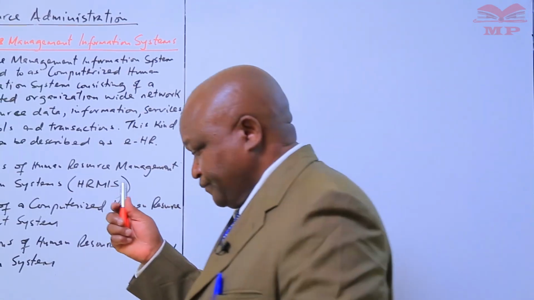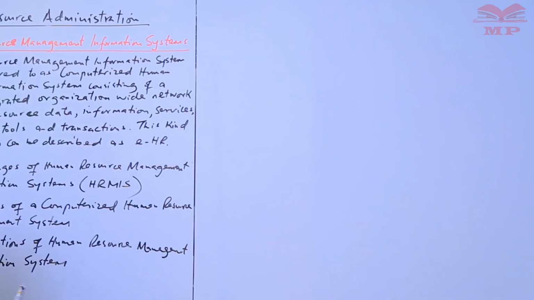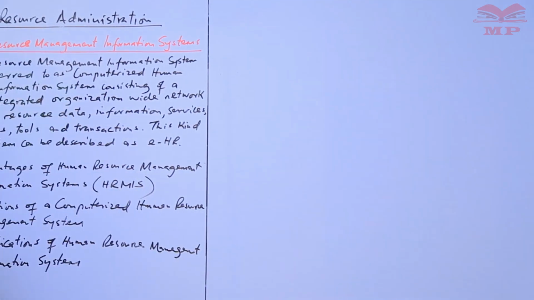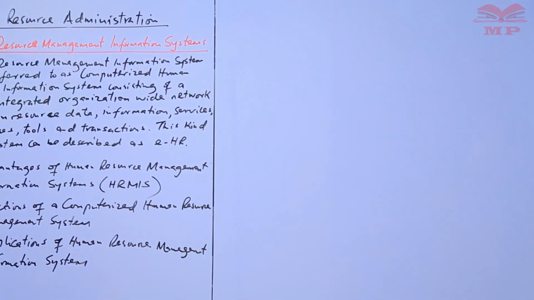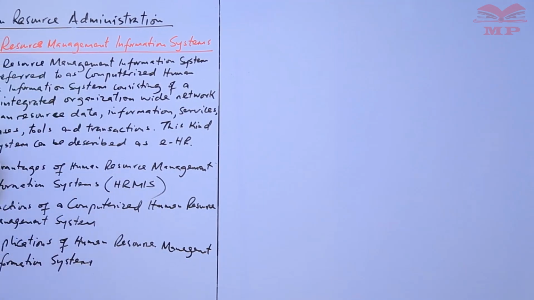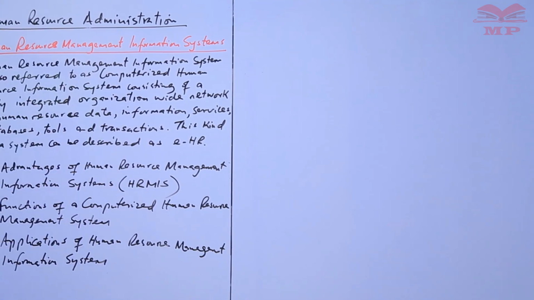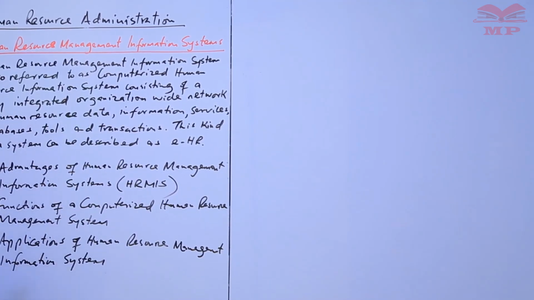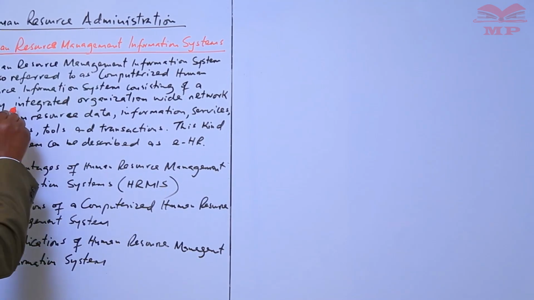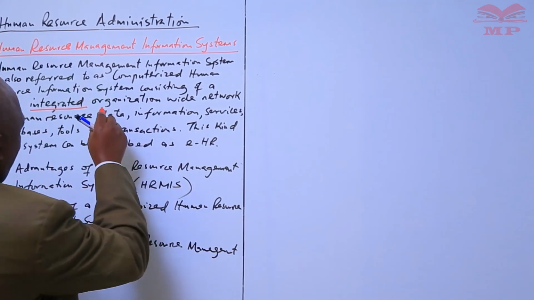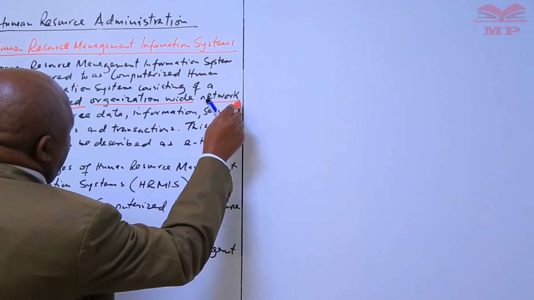Under this, we are looking at the Human Resource Management Information System, which is also referred to as Computerized Human Resource Information System, which consists of a fully integrated, it's very critical, a fully integrated organization-wide network.